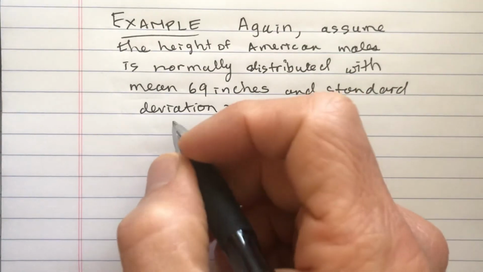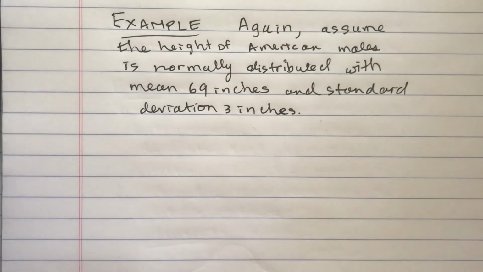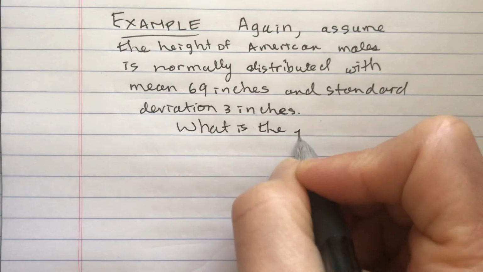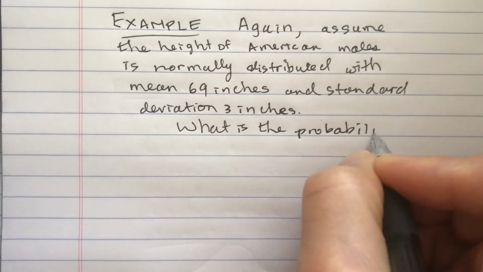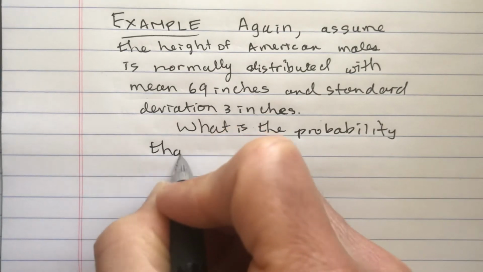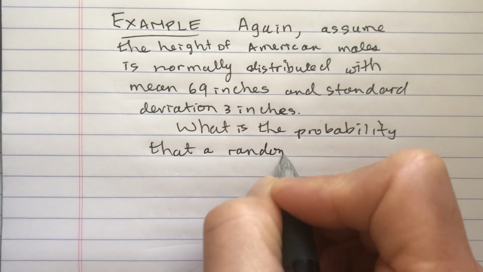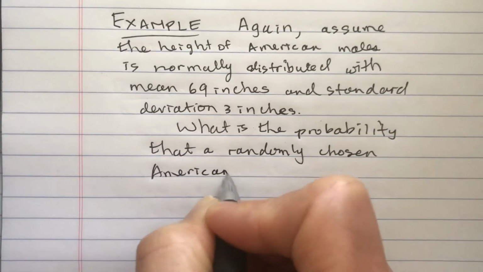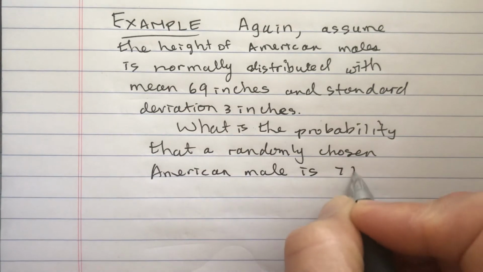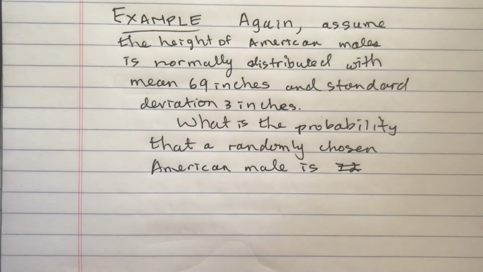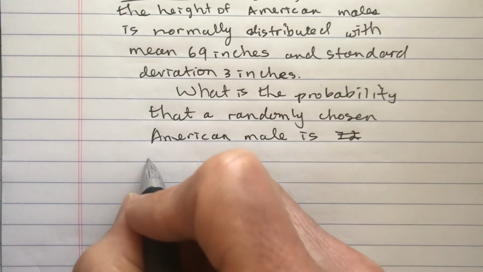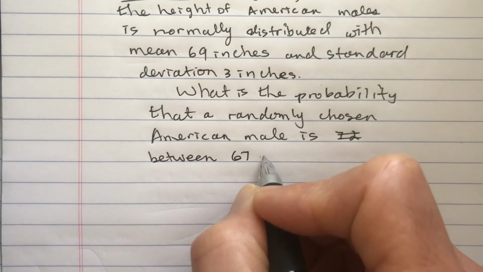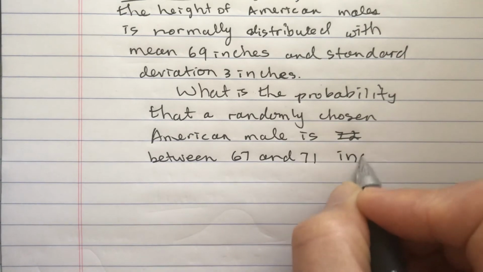Okay, what's the question? What is the probability that a randomly chosen American male is between 67 and 71 inches tall?